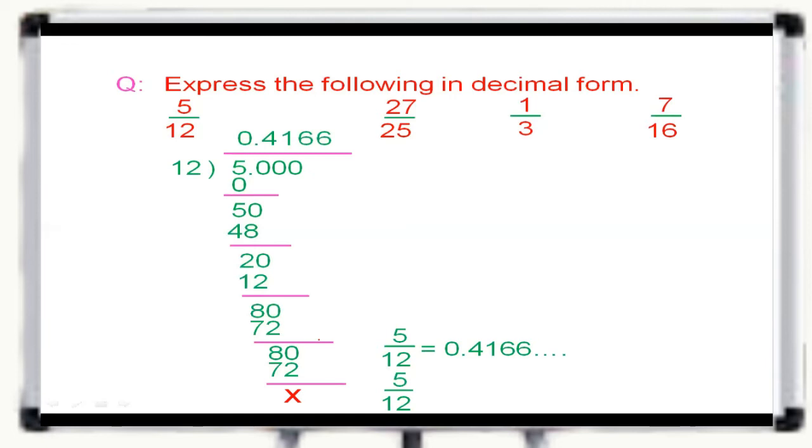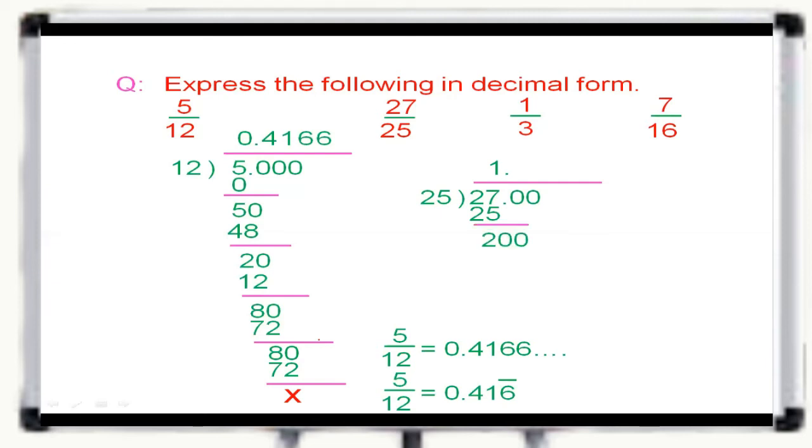Now take another question, 27 as dividend, 27.00, and the divisor is 25. By 25, we have to divide 27. So 25 one time, 25. By subtracting, we get 2. Then take 0, but 20 is lesser than 25.